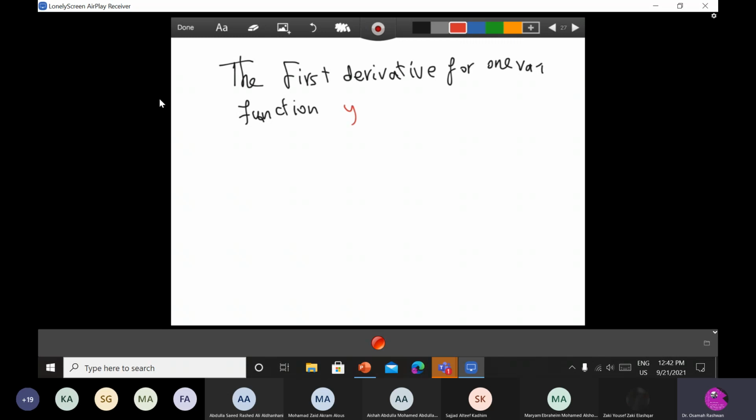So what is the one variable function? Y equal to f of x. We call this one the dependent variable. And we call x the independent variable. Because y depends on the x.